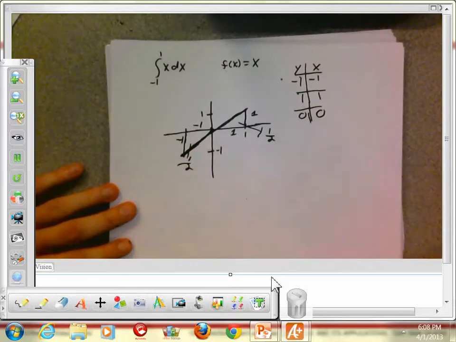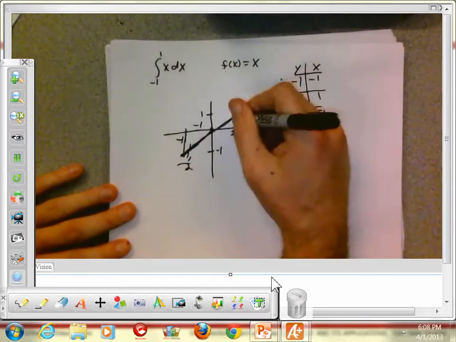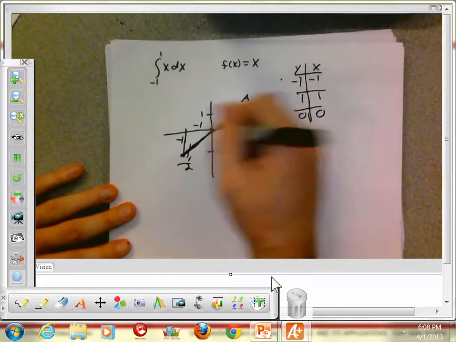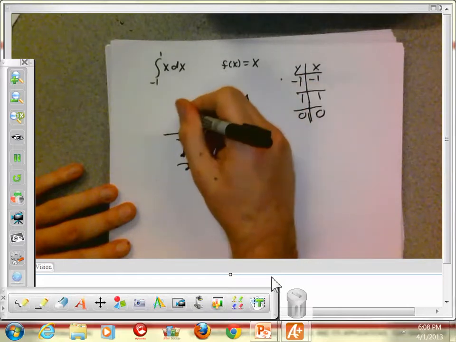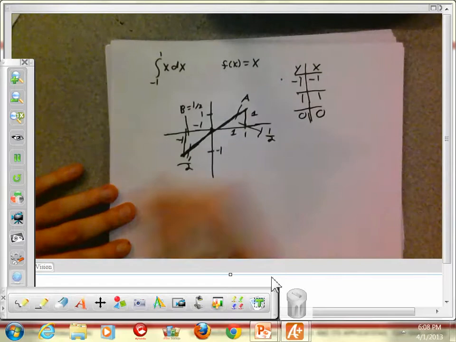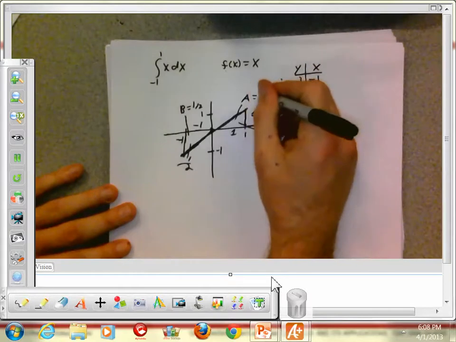So if we follow, I'm going to call this over here, A is going to be the area of this triangle, B is going to be the area of this triangle. Right? So we have A equals 1/2 and B equals 1/2.